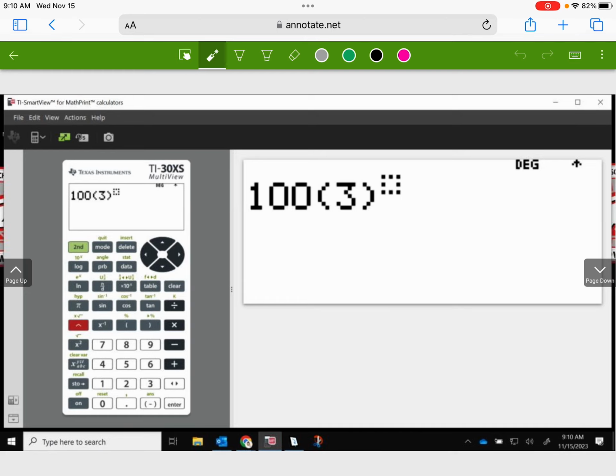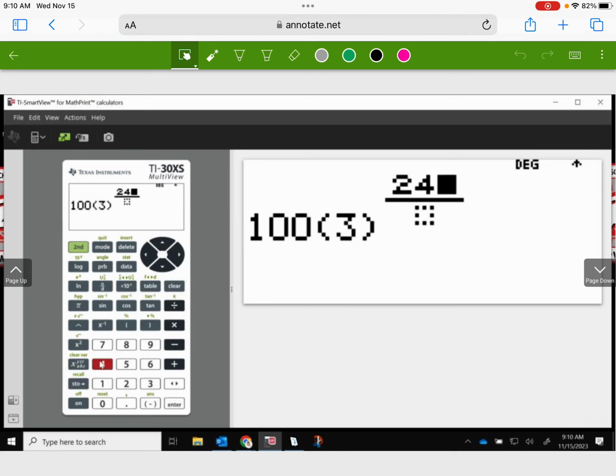And one thing I absolutely adore about these yellow calculators, second column, third button down, is the fraction button. And if I get out a laser pointer, it'll look like a fraction. And we can put 24 over 4. I mean, we could simplify that ourselves because we're awesome, but if we get to use the calculators anyway, pshaw.